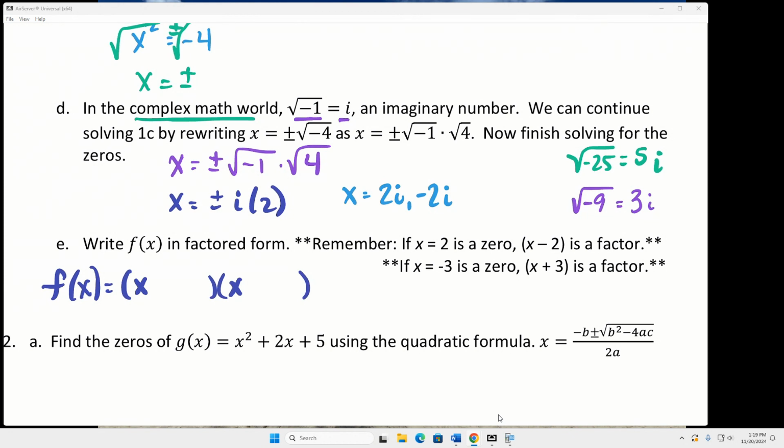All right, and then you just do the opposite of the zero. So if your zero is 2i, it should just be x minus 2i. If your zero is negative 2i, it should be x plus 2i as your factor. So your factors are going to look kind of weird today. They're going to even look weirder than that in a second. But it's the same idea. You do x, and then you do the opposite.